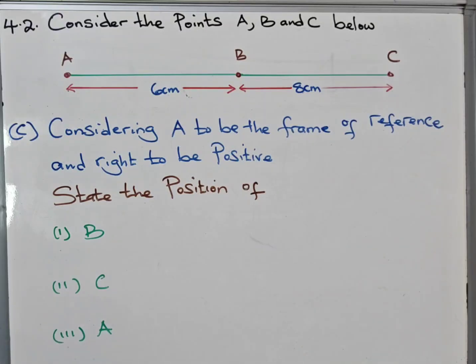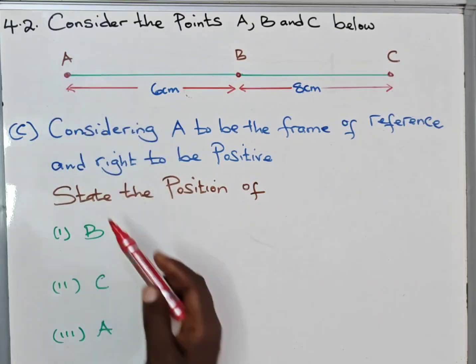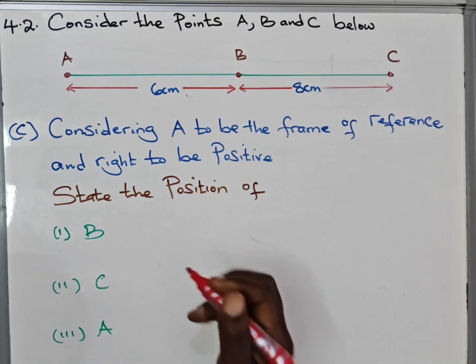You have to remember we chose A, this point here, to be our frame of reference, and we say to the right is positive. So from A, what's the position of B? It is positive 6 centimeters.